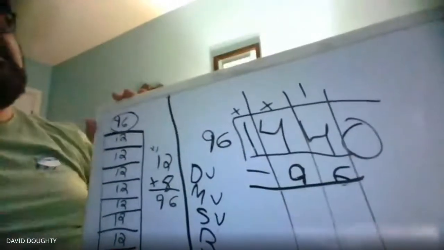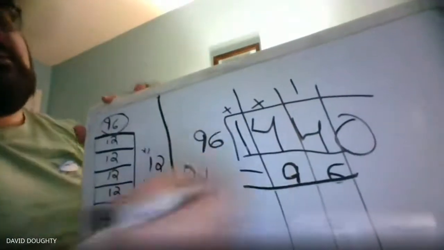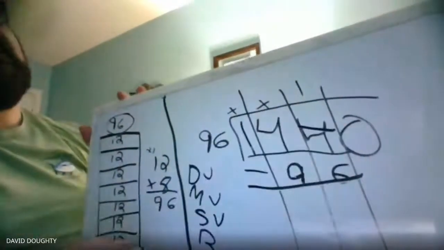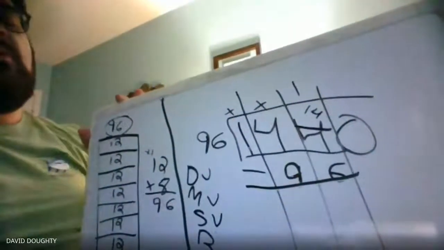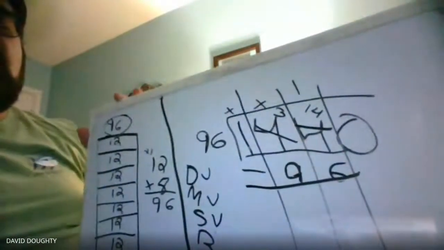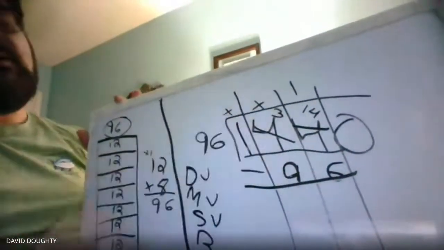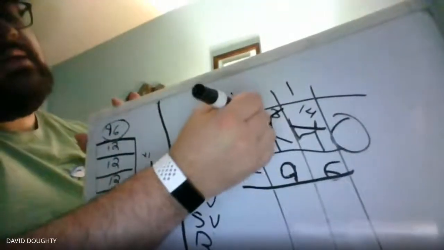All right, so we need to subtract 144 minus 96. I'm definitely going to have to borrow here because 4 is too small for 6. So I'm going to turn that into a 14, and I'm going to borrow 1 from this 4, making him a 3. But I'm not done borrowing because 3 is too small to subtract 9 from it. So I'm going to turn that 3 into a 13.